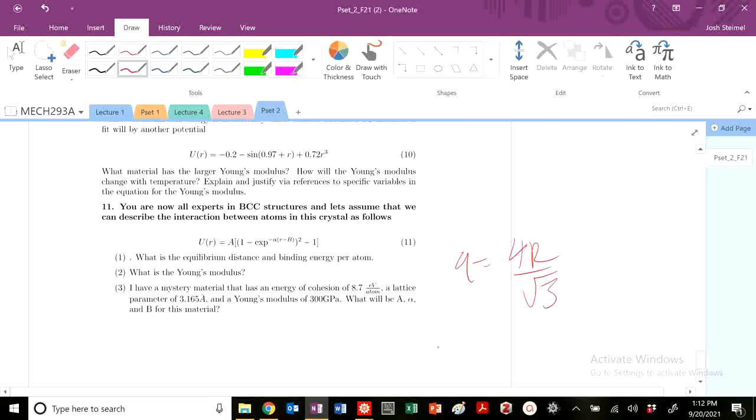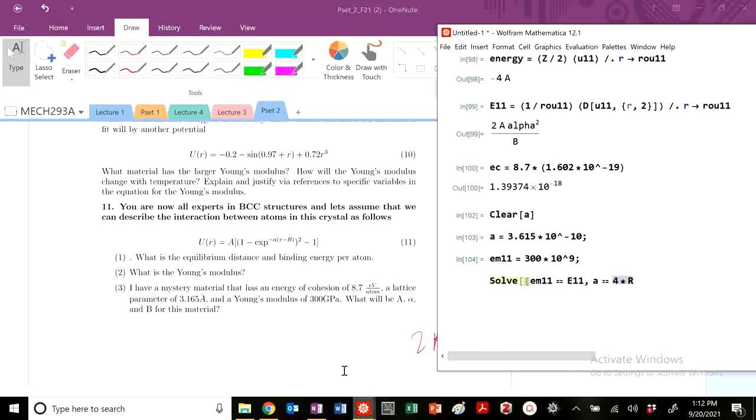My equilibrium distance, my R naught, is always going to be 2R. So I can plug in and write A equals 2 times R naught over square root of 3. So plug that in: 2 times my R naught, which is just B for U11, divided by square root 3.